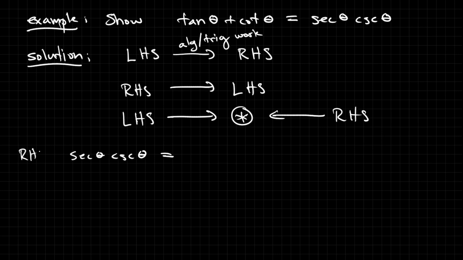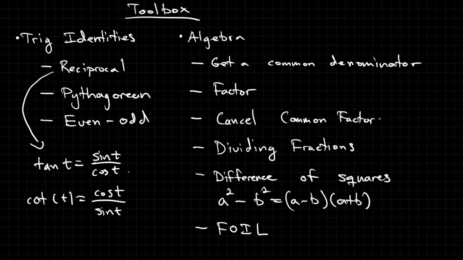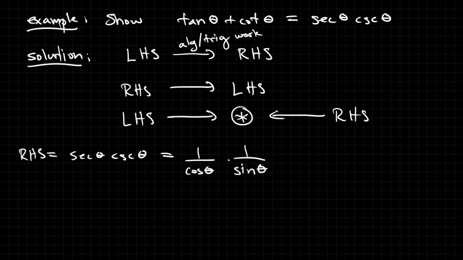So the right-hand side equals secant theta, cosecant theta, and that would be 1 over cosine theta times 1 over sine theta. But now I look at this and don't really see where I can go with this. I don't see anything in my toolbox here that I can really do to make this change into the left-hand side. And so I think I'll go ahead and start with the left-hand side.